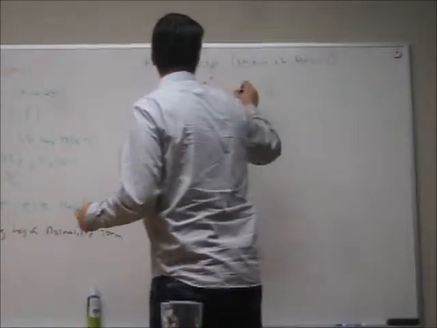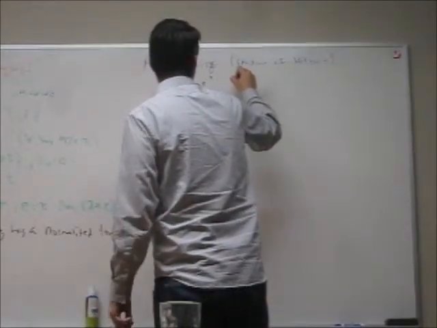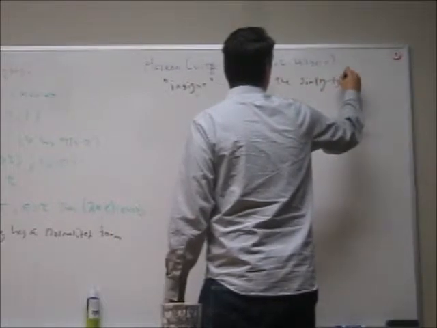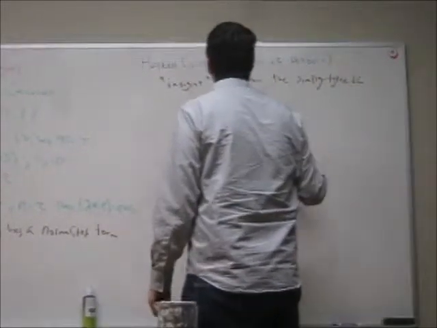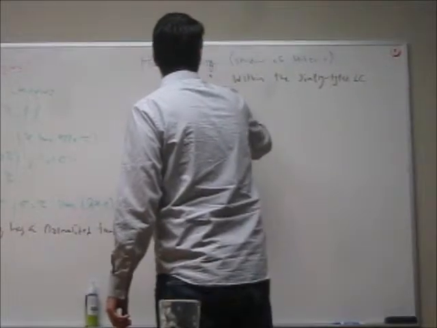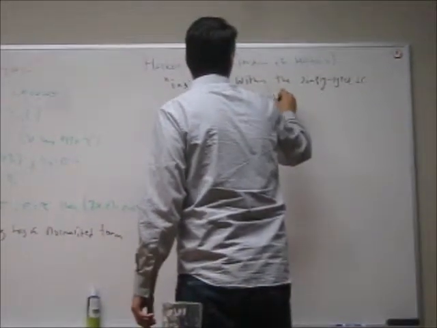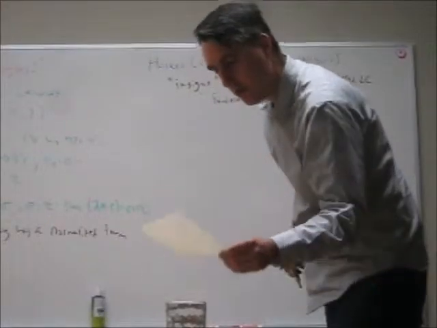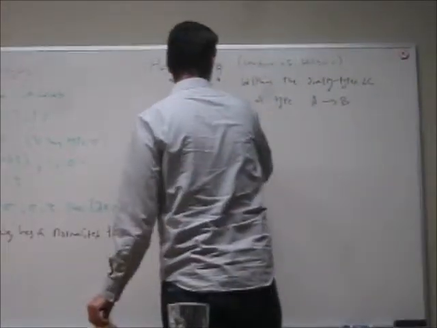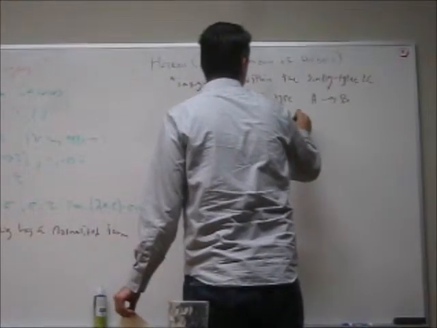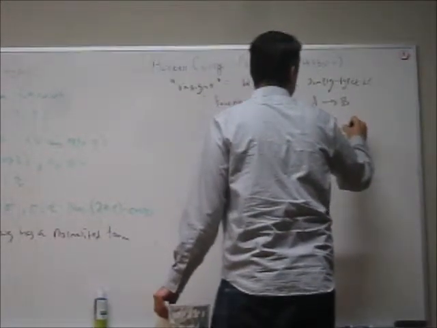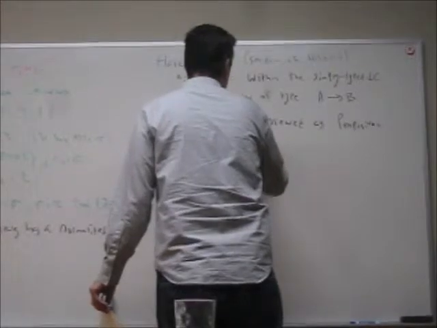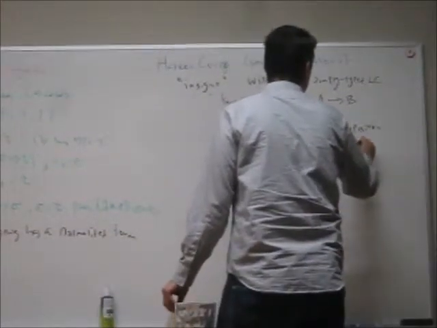And his insight was that within the simply typed lambda calculus, functions of type A to B can be viewed as propositions, as the proposition A implies B if A and B are propositions.